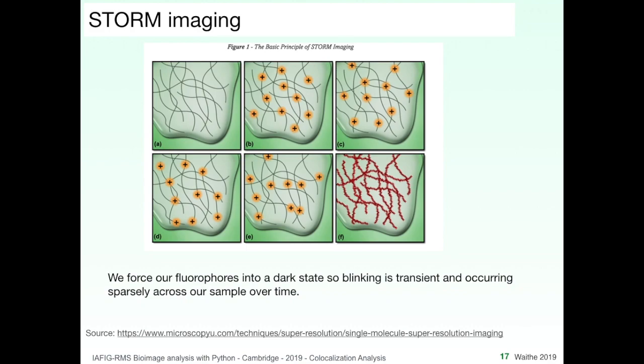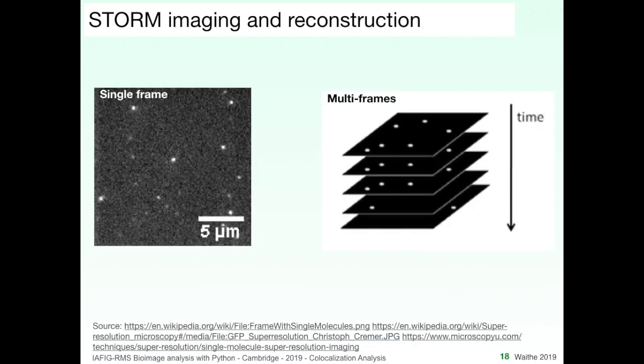With dSTORM, we use a combination of laser illumination and a special dye, which means that the fluorophores will blink at a very limited rate and then photobleach over the acquisition period, allowing us to see these individual bright spots over time. So here's an example. Imagine there's a sample here which under normal illumination would appear very bright and look like a cell or something.